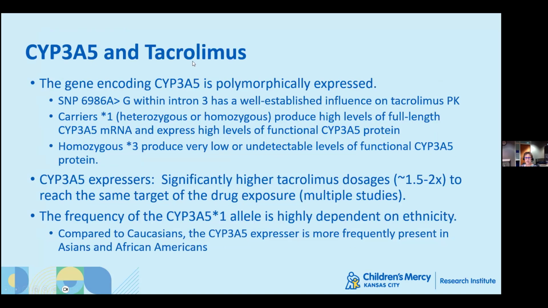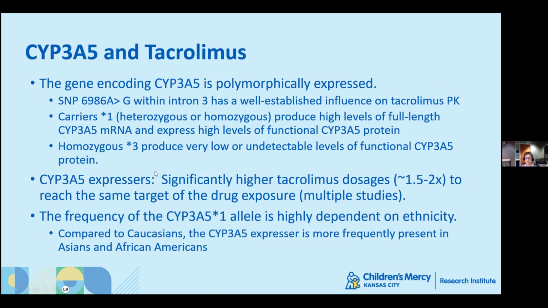3A5 metabolizes tacrolimus, which is a medication utilized for immune suppression in organ transplants. We know that 3A5 is also polymorphically expressed, and that if you are a star 1 carrier in this case, which is a more rare genotype, then you will have increased metabolism of tacrolimus and harder to maintain serum concentrations.